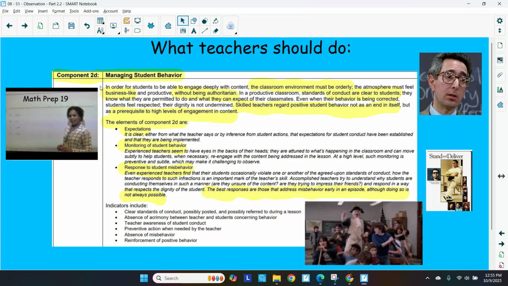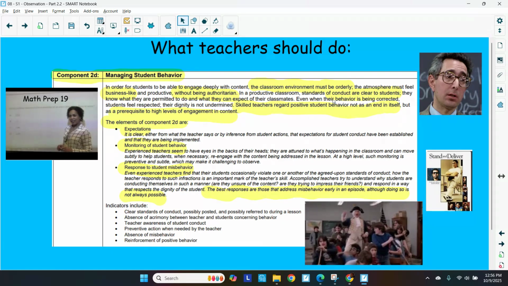And I'm now going to component 2D, managing student behavior, which is really, really important for the teacher as well as the administrator. In order for students to be able to engage deeply with the content, the classroom environment must be orderly. You cannot have chaos and kids running around the room and talking while you're talking.